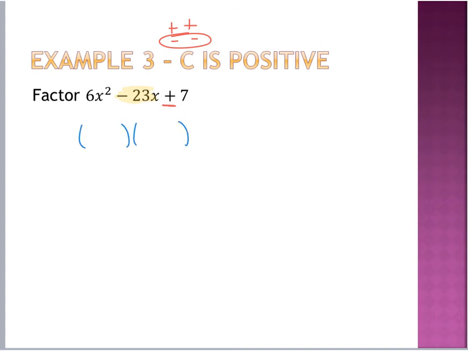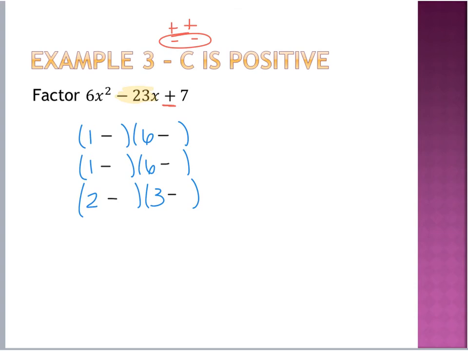So I'm going to start out setting this up the exact same way that we have been doing all along. I know that factors of 6 are going to be 1 and 6, and I have 2 and 3. Now I do know that I have a negative, so I'm going to put negatives in for all of these because I know that both of these have to be negative.